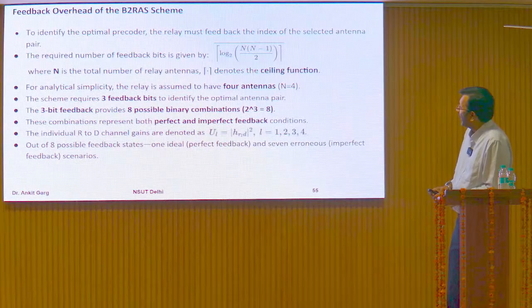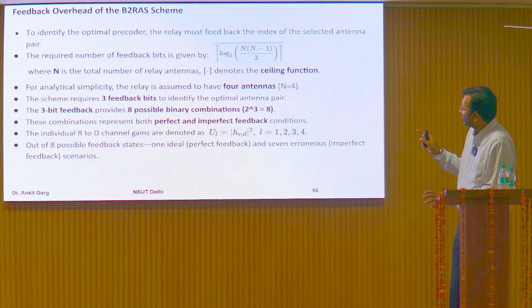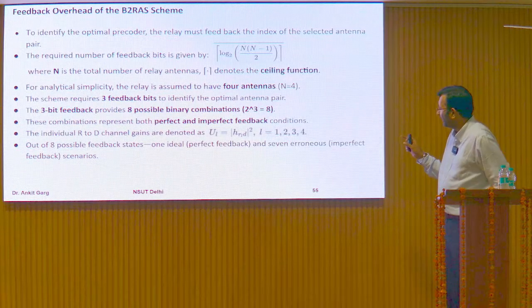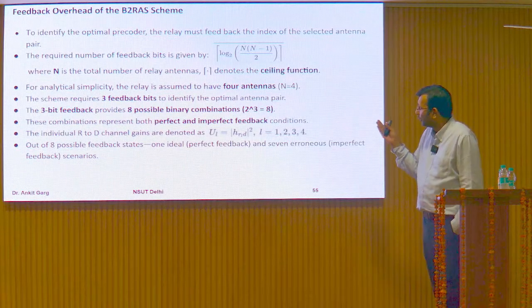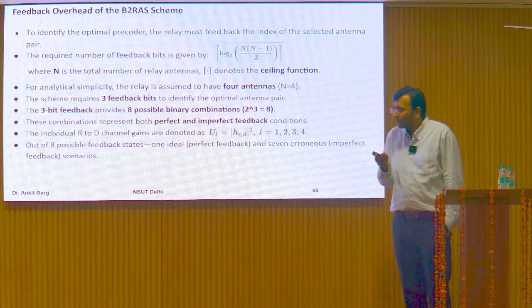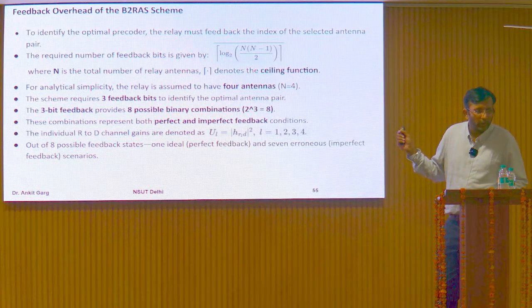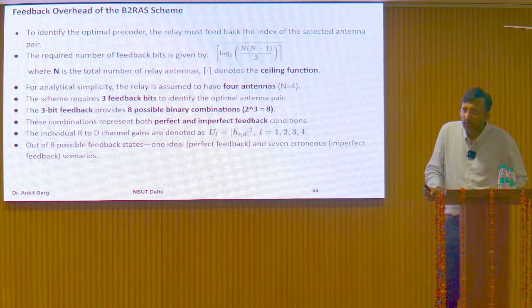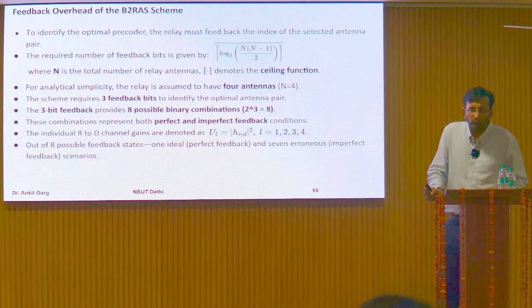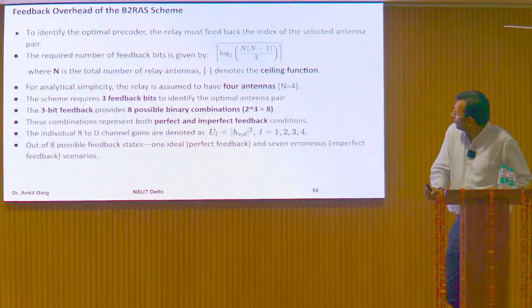So for n equals 4, log base 2 of n(n minus 1)/2, what would be the value? For n equals 4, 4 into 3 is 12, 12 divided by 2, log 2 of 6.